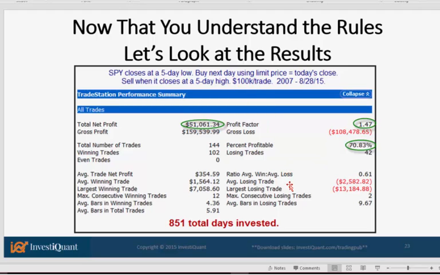This is looking at entering using $100,000 per trade. So with the average trade net profit of $354, that means the average profit would have been 0.35% on these trades. And you would have been in the market a grand total of 851 days.